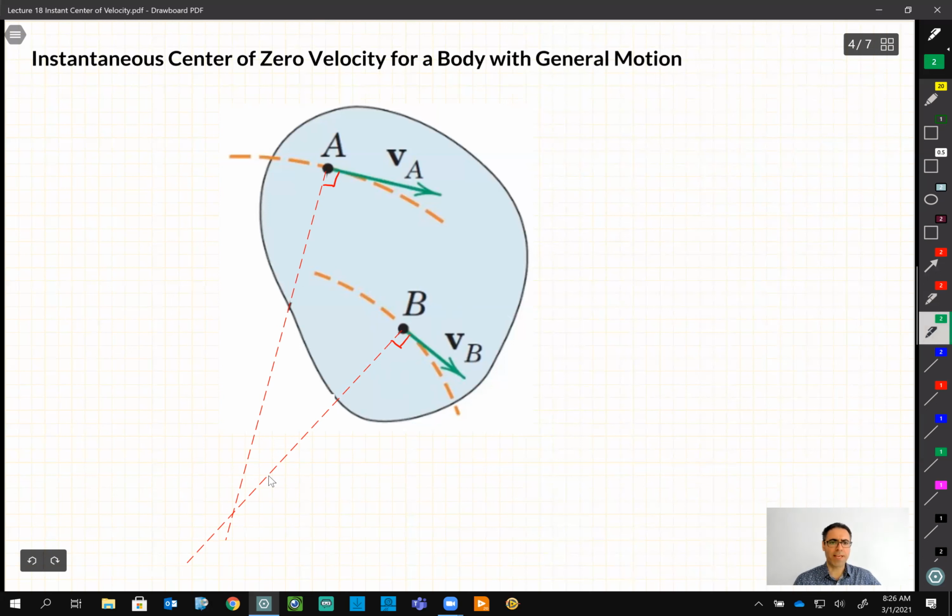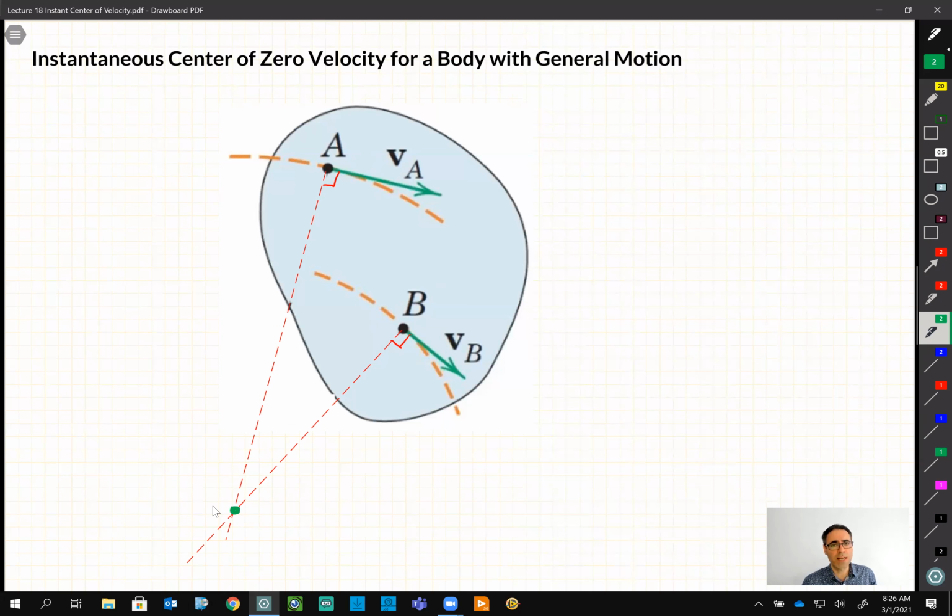So what we have then: the center for curve A has to be on this line, and the center for this one has to be on this line. Then can I conclude that the point where these two lines intersect is the center of rotation for this body at this very moment, okay?